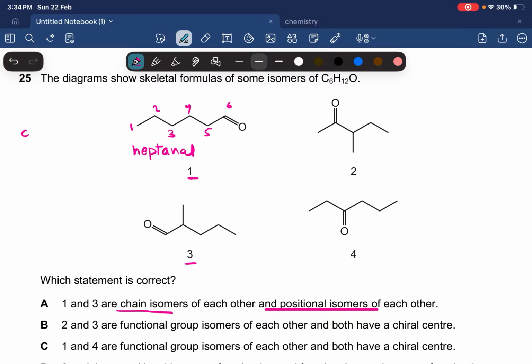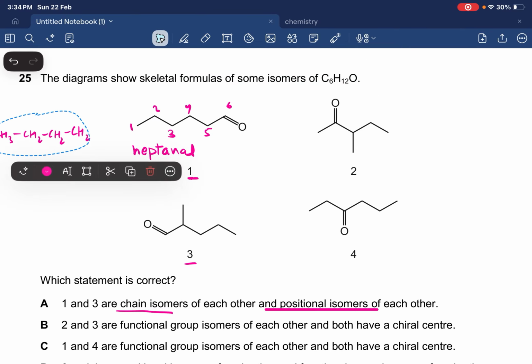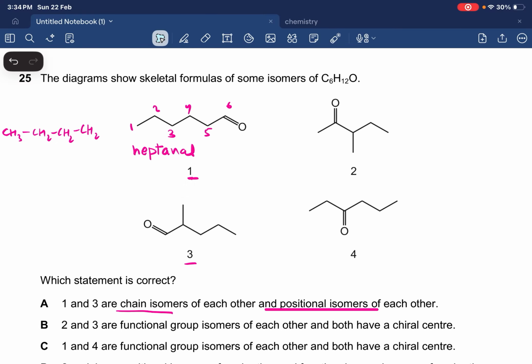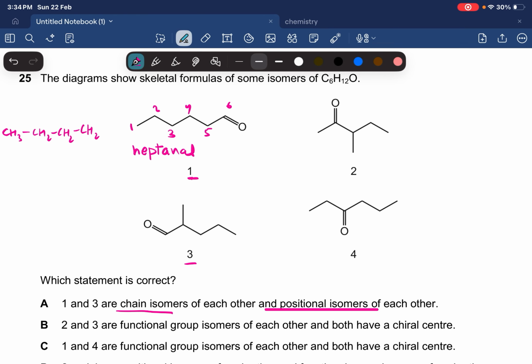CH3, CH2, CH2, CH2. And 3 is 1, 2, 3, 4, 5. 1, 2, 3, 1, 2, 3, 4.